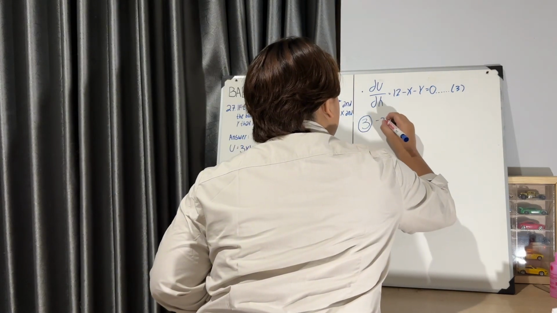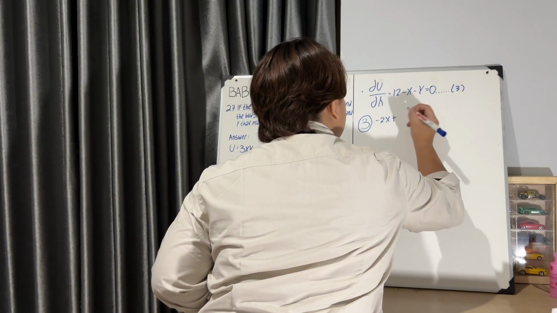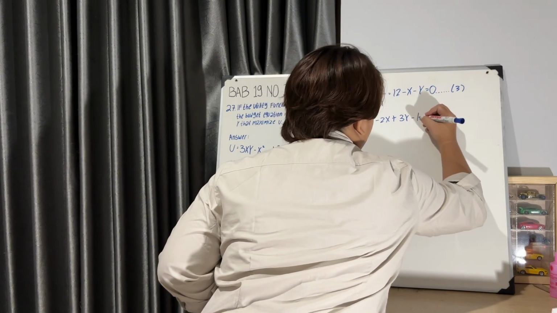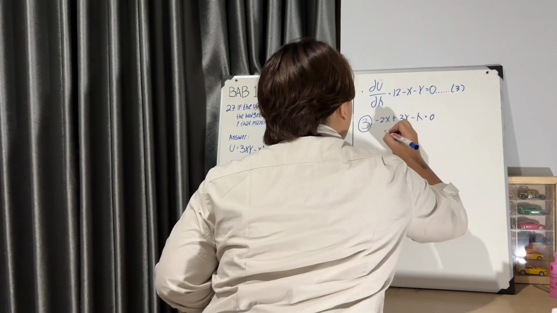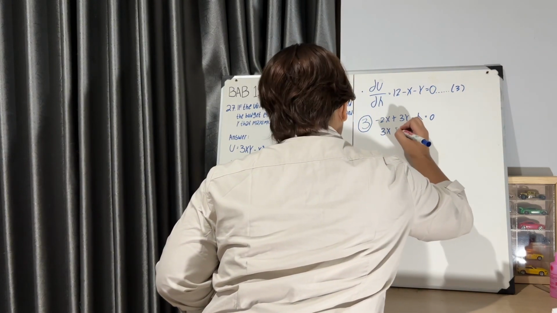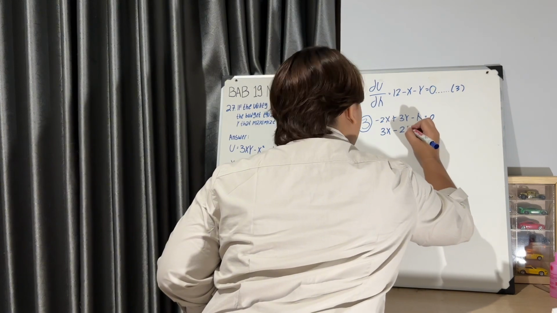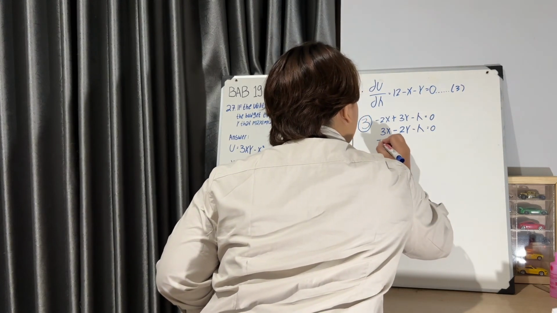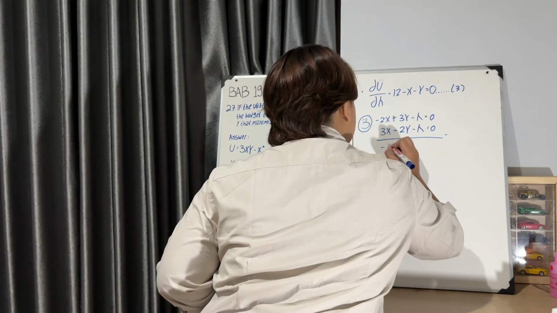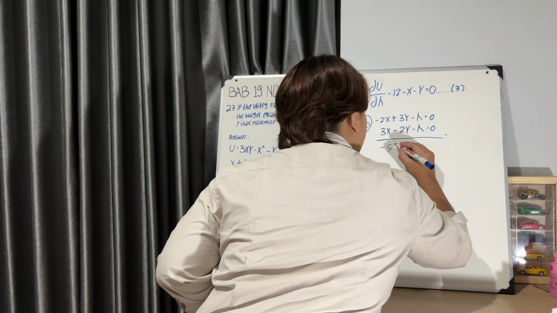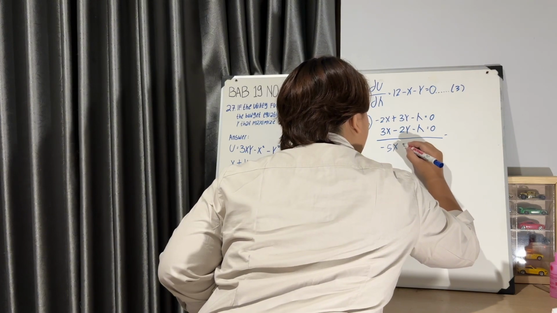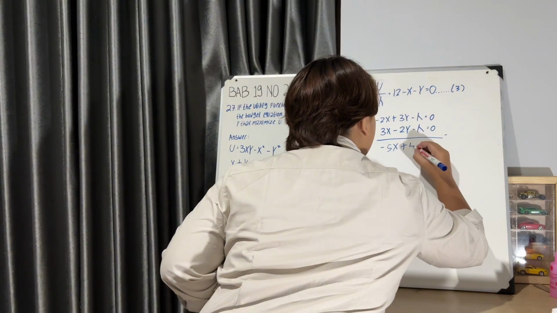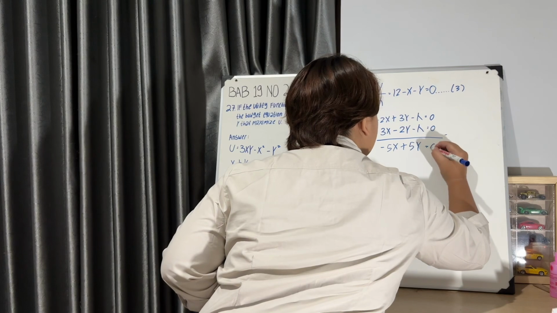Equation 1 is 3y minus 2x minus lambda equals 0, and equation 2 is 3x minus 2y minus lambda equals 0. Subtracting gives minus 5x plus 5y equals 0.